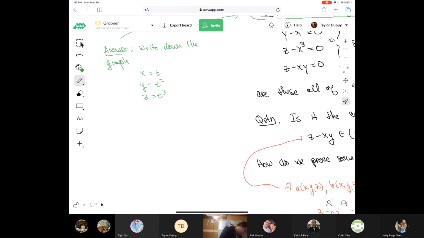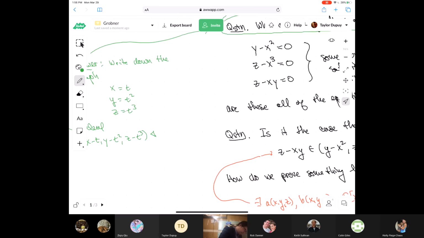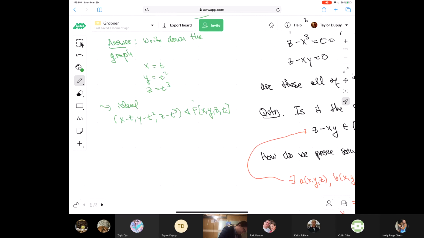So this corresponds to the ideal x minus t, y minus t squared, z minus t cubed. And this is an ideal in many variables, so in k of x, y, z, t.